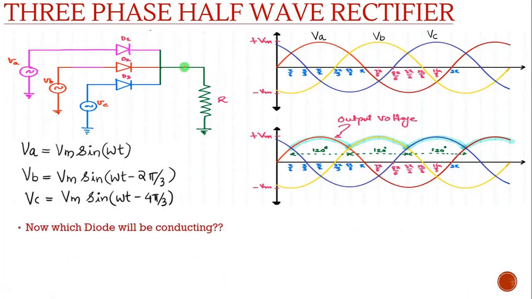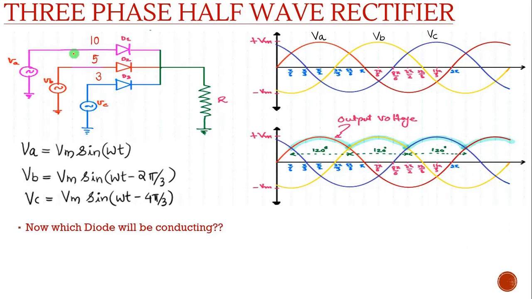Now in this case, which diode will be conducting? Suppose here I am having 10 volt, here 5 volt, and here 3 volt.